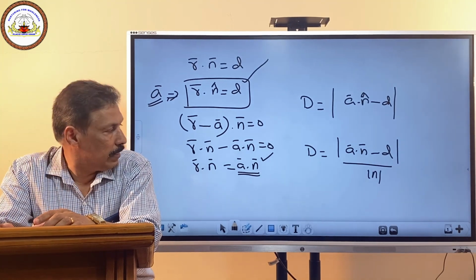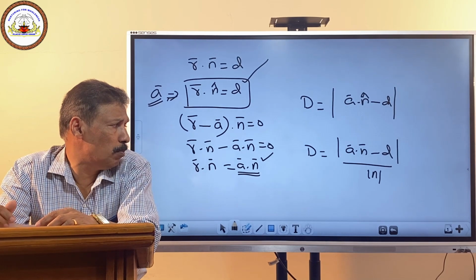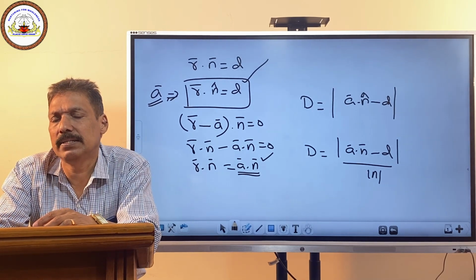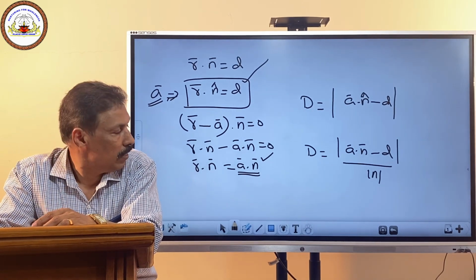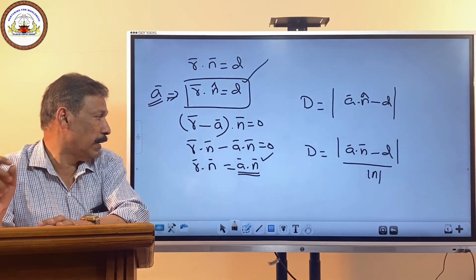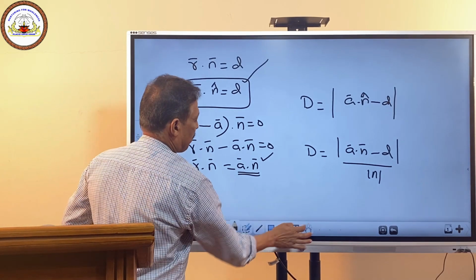Then generally we take the normal vector as capital N bar and this point as small A bar.